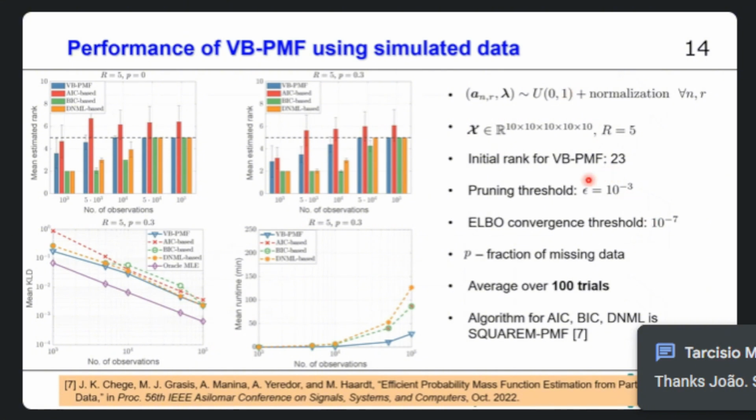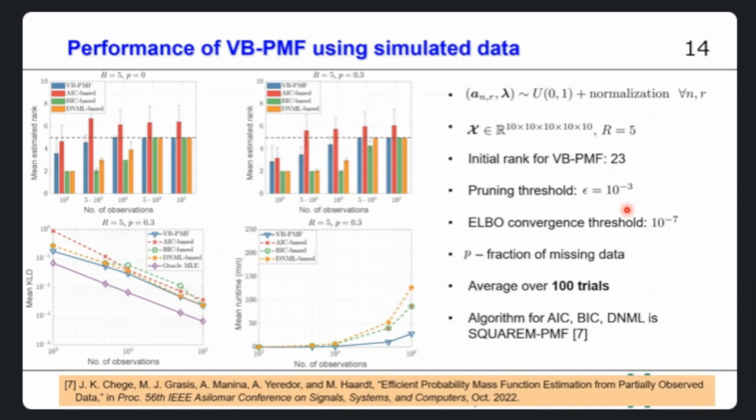Once we have the lambda, we delete anything that is less than 10 to the minus 3. We also have P, which is the fraction of missing data. Here we see VB-PMF against some other classical techniques.